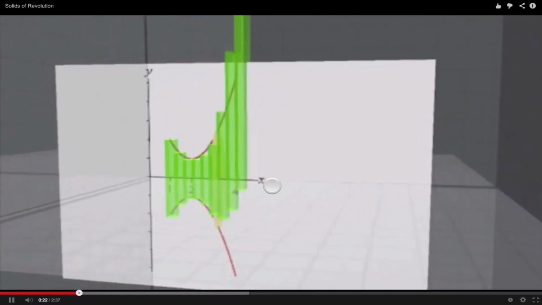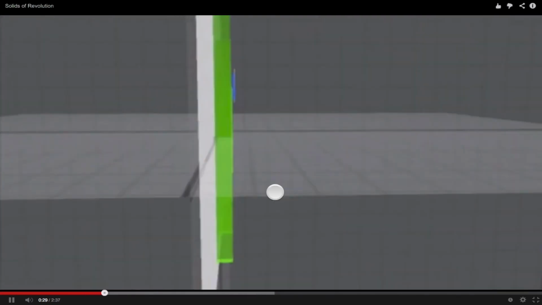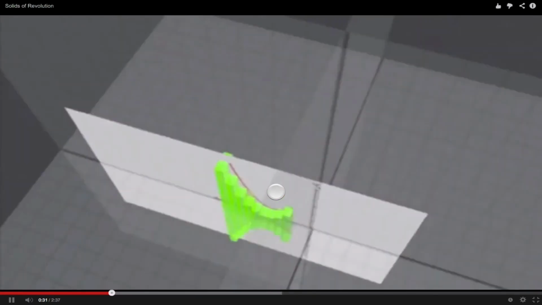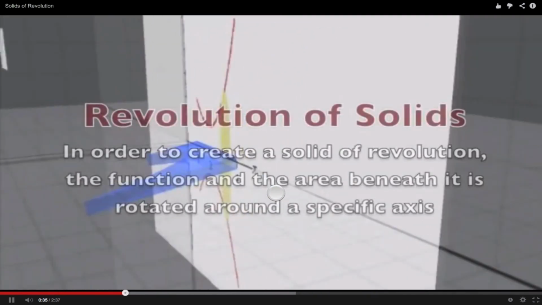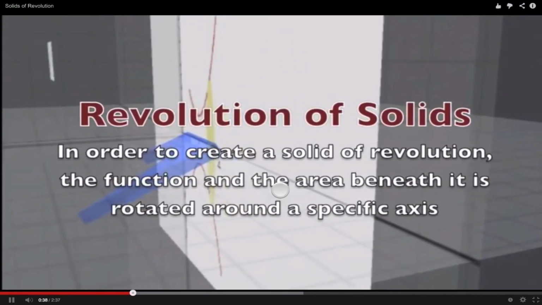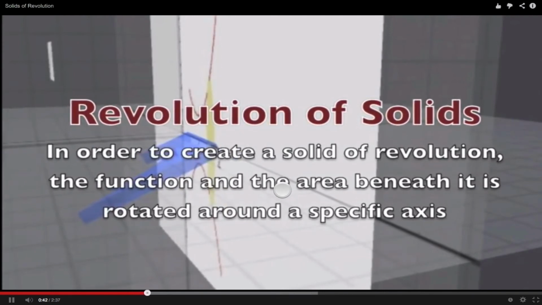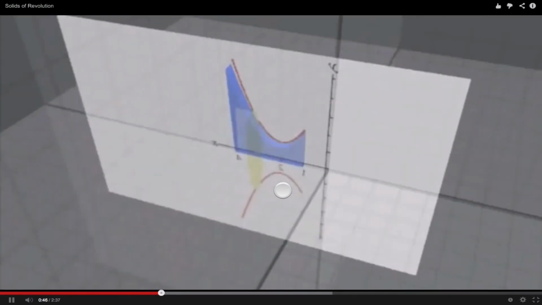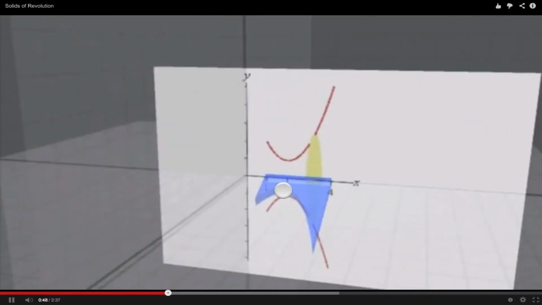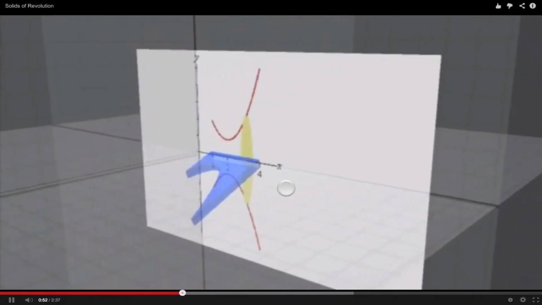So this is a Riemann sum. This is back to what we originally did when we started trying to find areas under curves. The first thing you need to do is find the area, and then you're revolving that around the x-axis, and you're going to create this 3D looking thing, almost like the old-timey phonograph speakers.